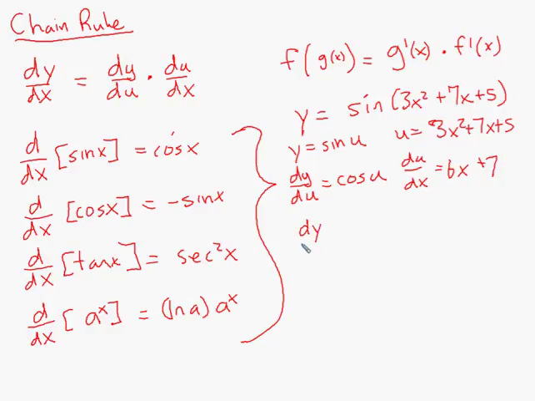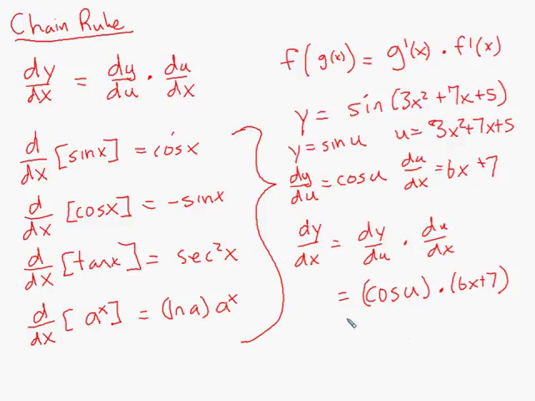Now, I have dy/dx equals dy/du times du/dx. So this is what I just calculated: cosine of u times du/dx, which is 6x plus 7. Then I replace my u back, and I'll put this in front because it's a coefficient.